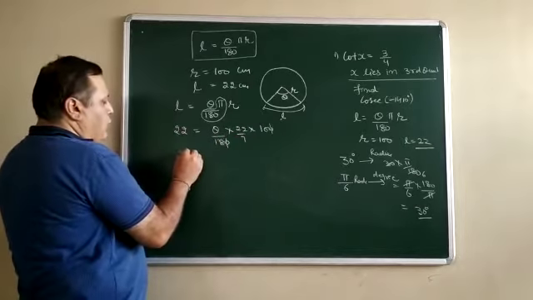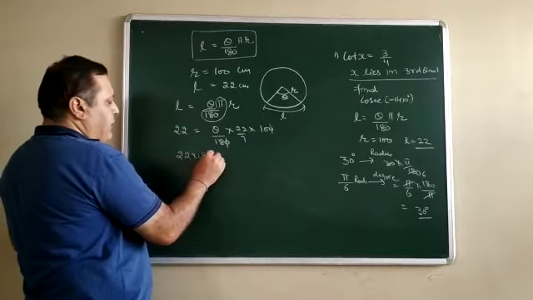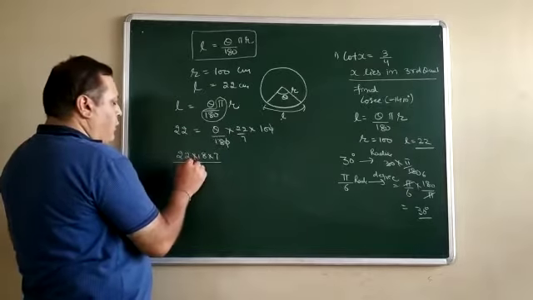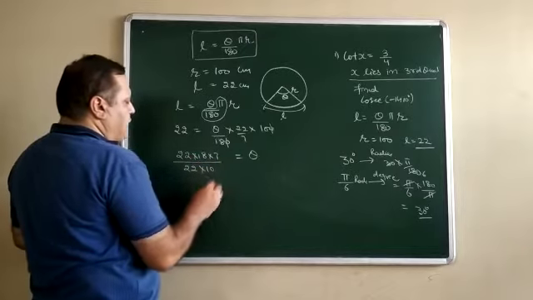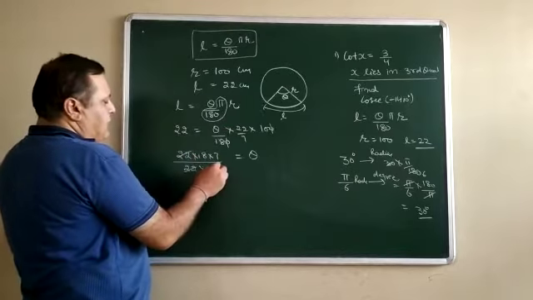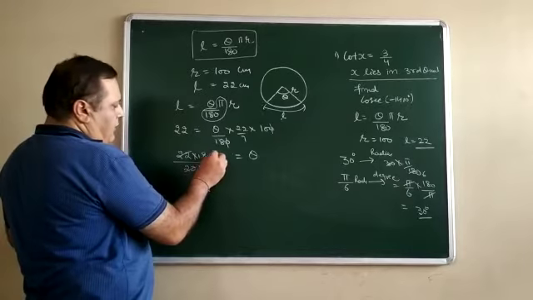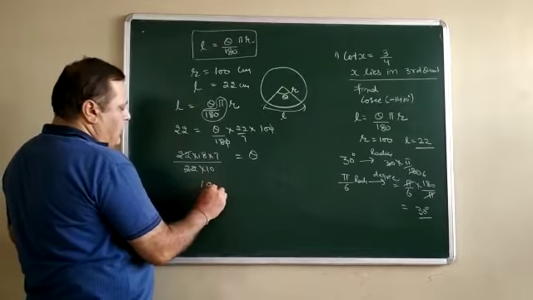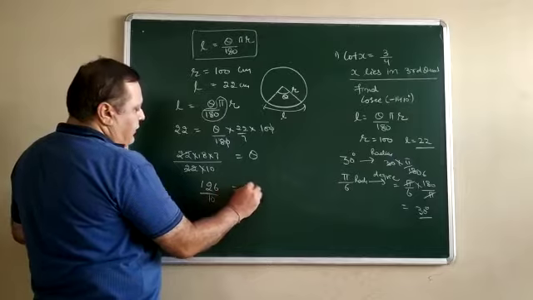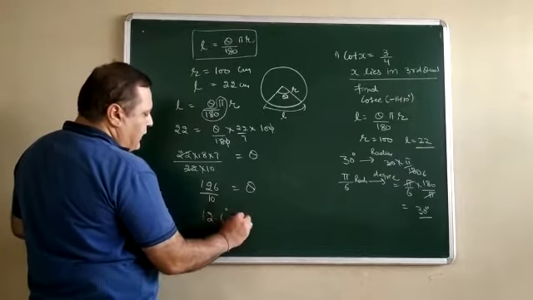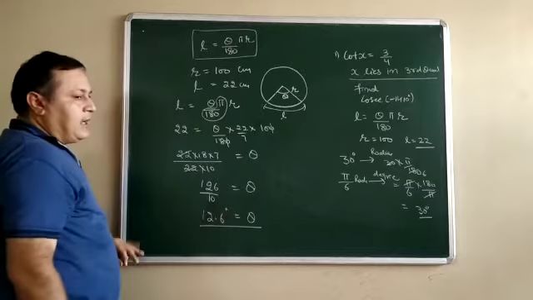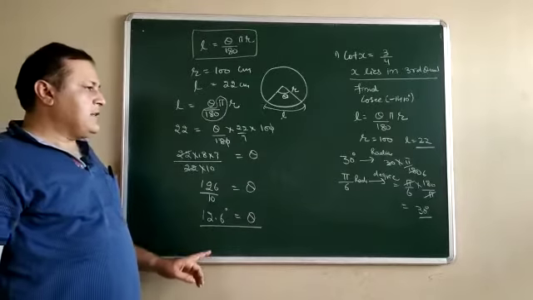Now 22 into 18 into 7 upon 22 into 10 is equal to theta. So 22 gets cancelled, and 18 sevens are 126 upon 10 is equal to theta. It is 12.6 degree. So the value of theta is equal to 12.6 degree.